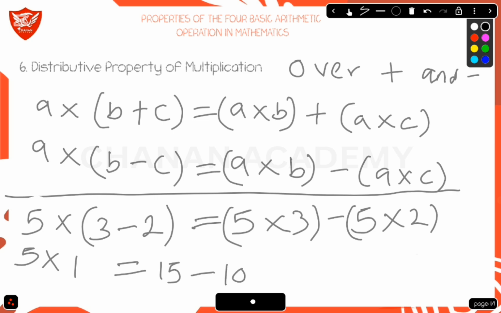So let's put the other part in this little box. 5 multiplied by 1, the result is 5. 15 minus 10, the result is 5. So you can see that multiplication is distributive over addition and subtraction.